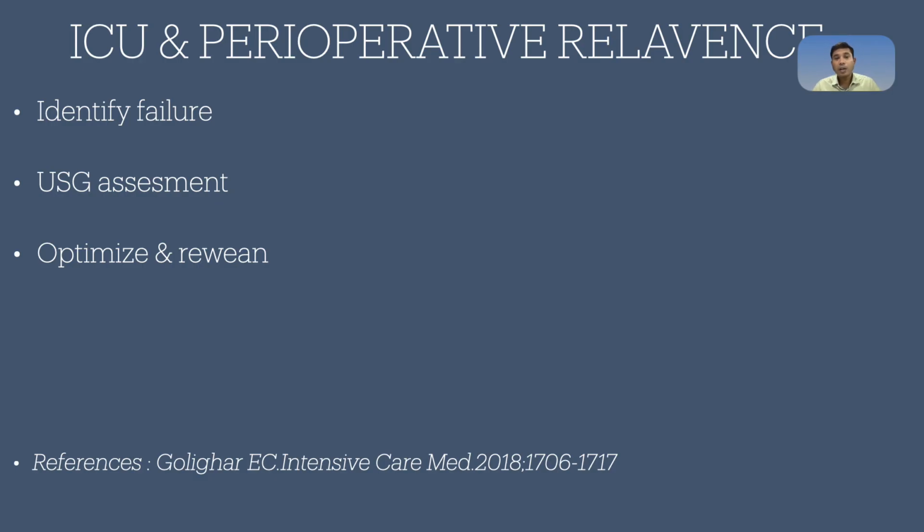If you are getting repeated SBT failure, then you should suspect diaphragmatic dysfunction. And by just putting the ultrasound, by these two techniques, you can identify the diaphragmatic problem. Okay, so this is the importance in ICU and perioperative care.